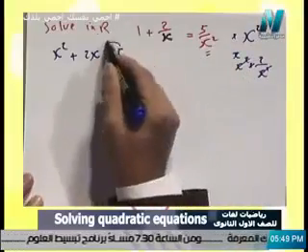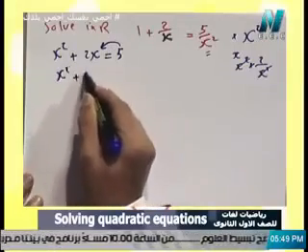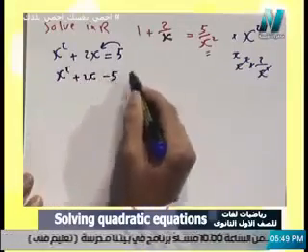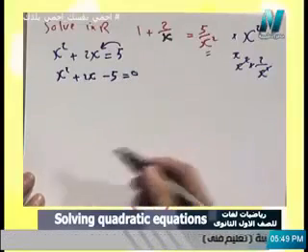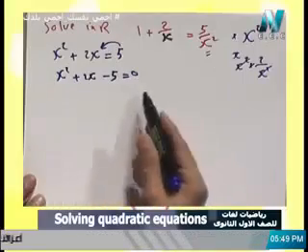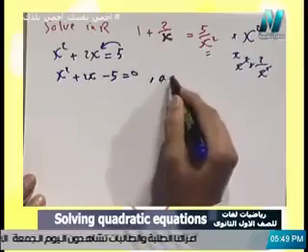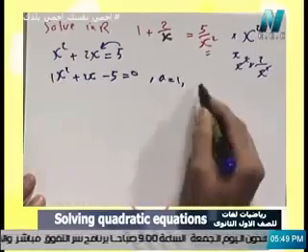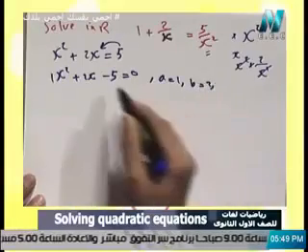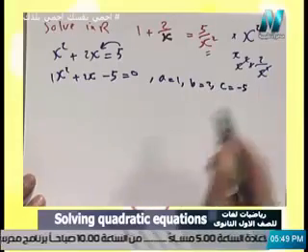By transferring the 5, it will be x power 2 plus 2x minus 5 equals 0. A here, the coefficient of x power 2, is 1, b is 2, and c, which is the absolute term, equals negative 5.